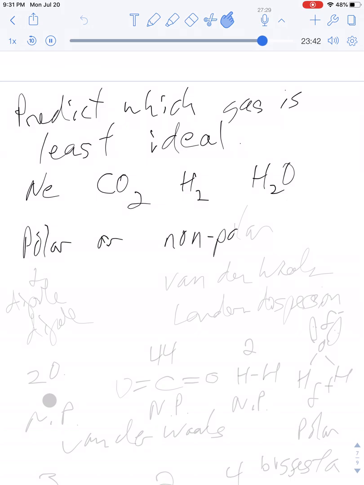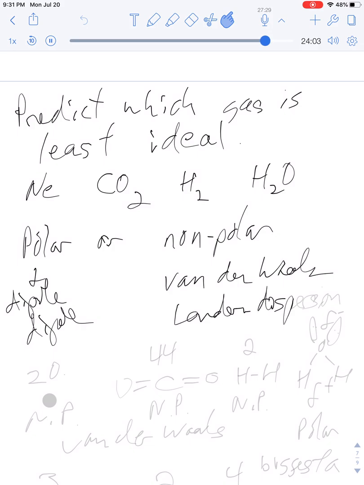Because if the gas is polar, there are going to be dipole-dipole forces present. If it's nonpolar, the intermolecular forces are going to be van der Waals, also known as London dispersion force. And if you don't remember what these are, they're basically temporary dipoles that last for milliseconds, okay?